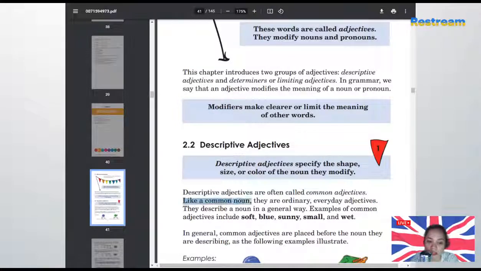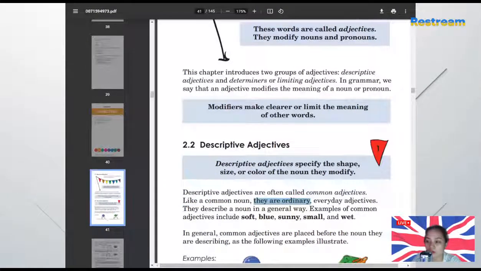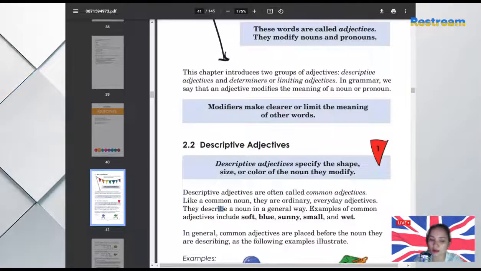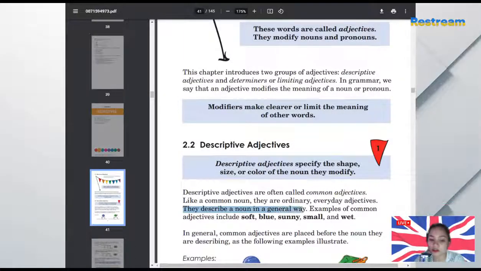Like a common noun, they are ordinary, the ones we mostly use and hear. Everyday adjectives also, as I mentioned earlier, are words that we use every day. They describe a noun in a general way.